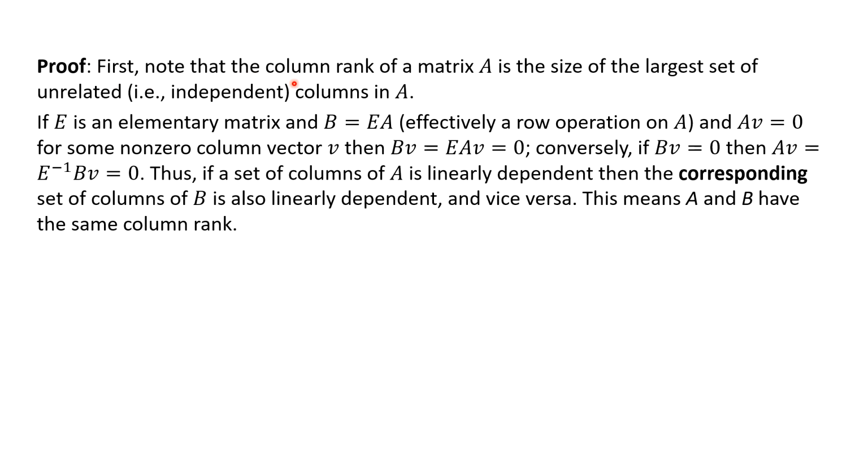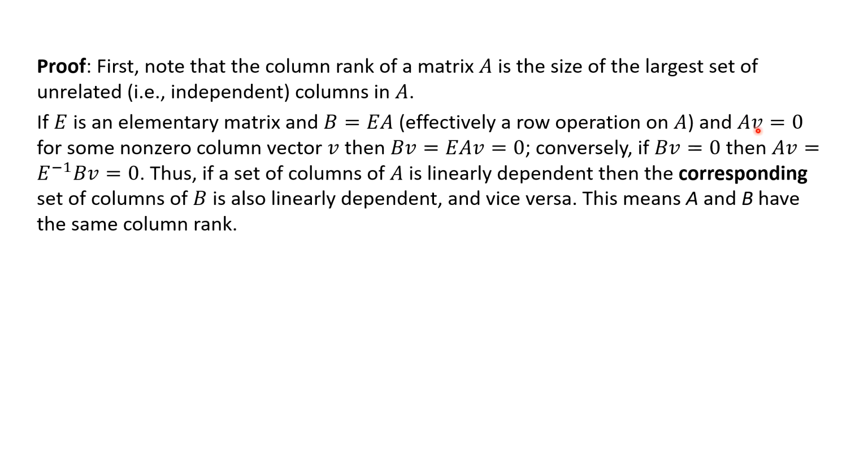So first note that the column rank of a matrix A is the size of the largest set of unrelated, i.e. independent columns in A. So we'll start with: if E is an elementary matrix and B equals E times A, effectively a row operation on A, what we want to show is that A and B have the same dependent columns. So after this operation on A, we don't change the column rank.